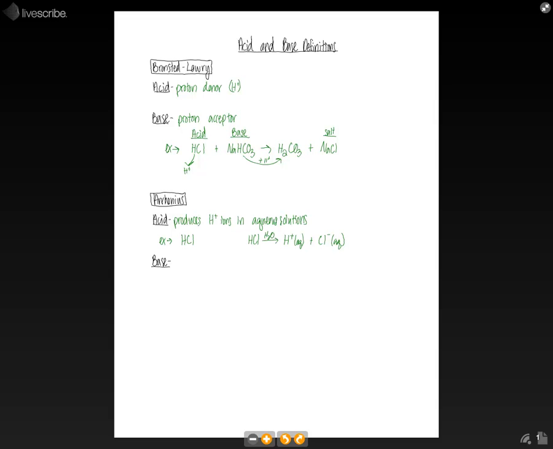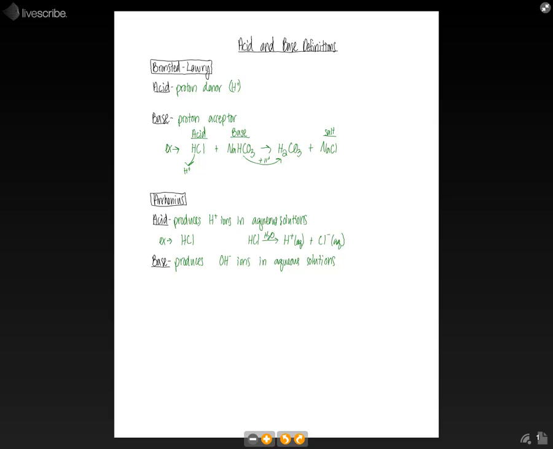Then if we look at a base, they defined a base as something that produces hydroxide ions in aqueous solutions. And so this is a little bit different than our Bronsted-Lowry definition, because we didn't talk anything about hydroxide ions in the Bronsted-Lowry.